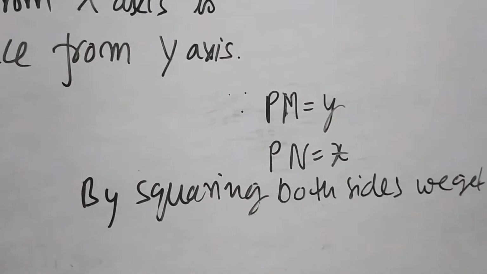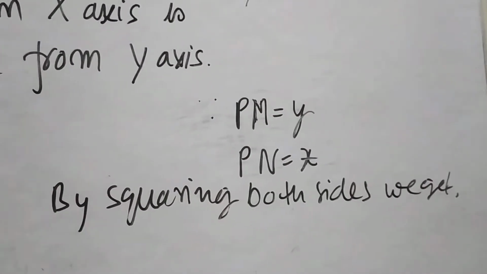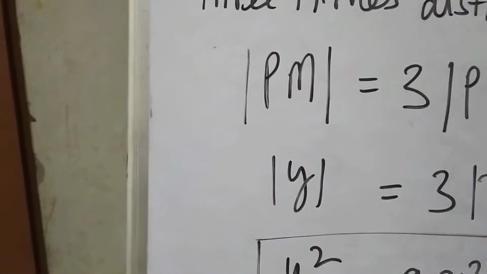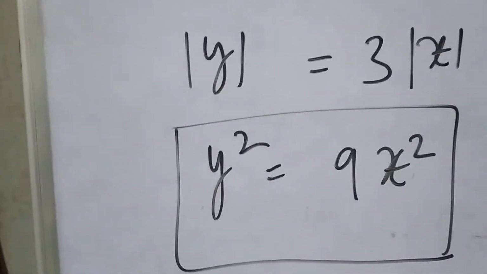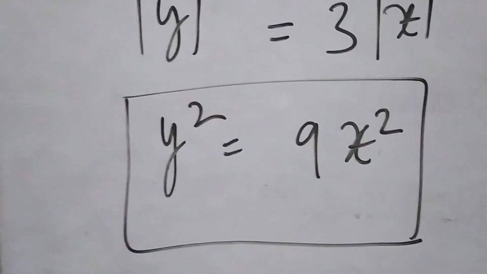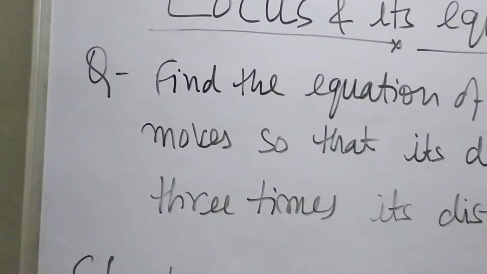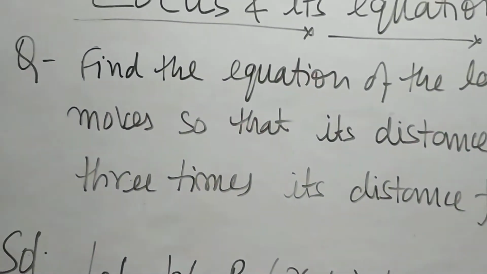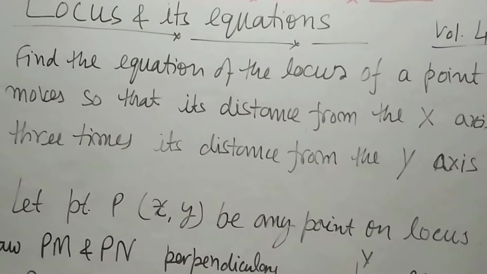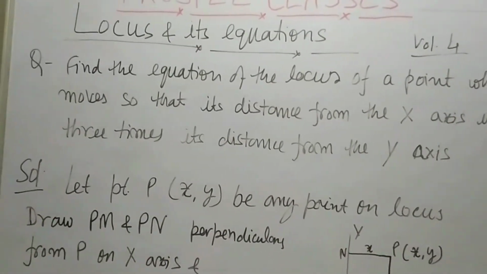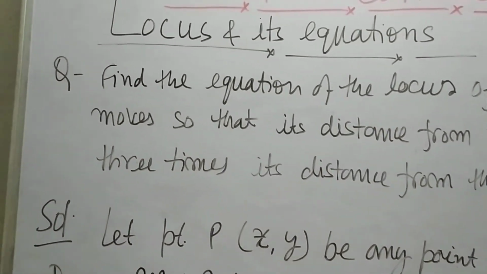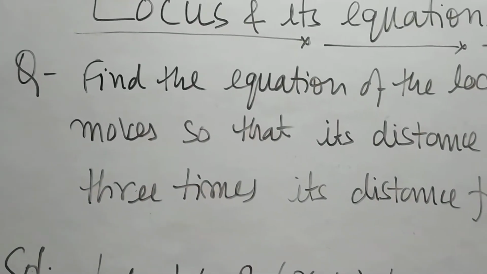Sometimes it becomes difficult to remember how this step came here, appeared here. Now you can just repeat once again, since it is a new type of question, so I think you must clarify each and every point.